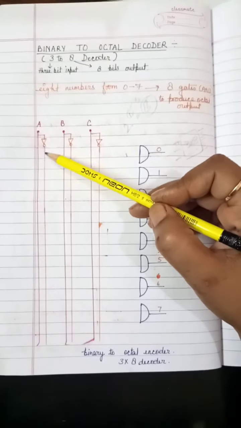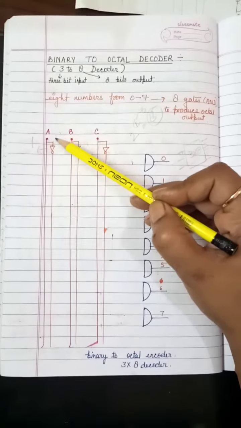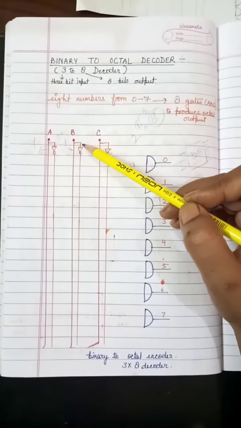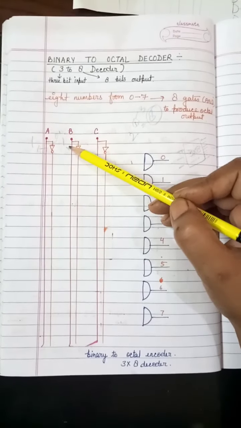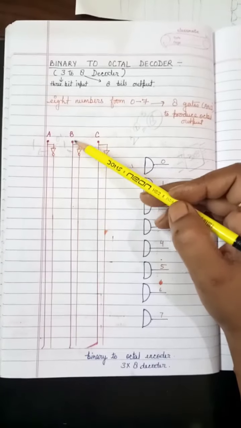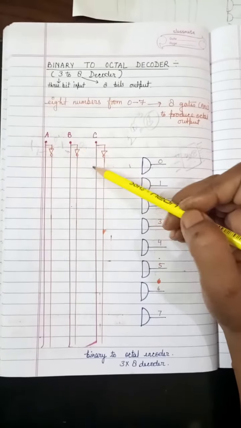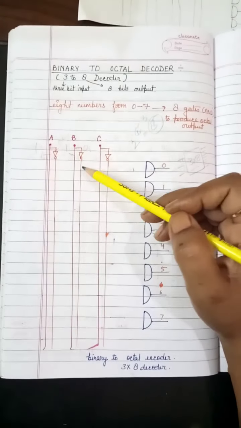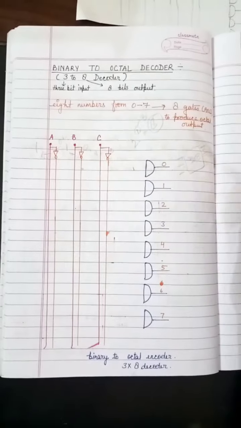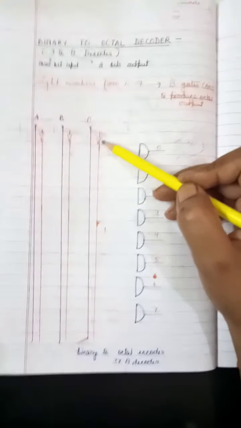This one is showing 1 and this one is showing 0. If the value of B is 1, then you connect this gate to this line, and if the value of B is 0 in the table, then you connect this gate with this line. This is 1, this one is 0 because we have connected it with a NOT gate.